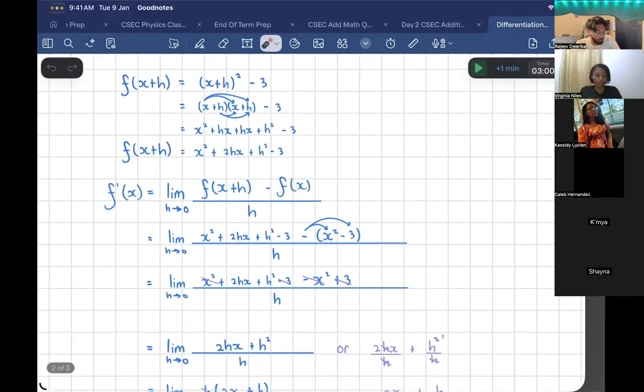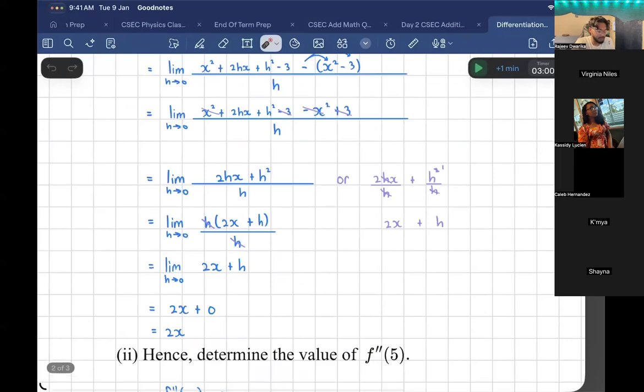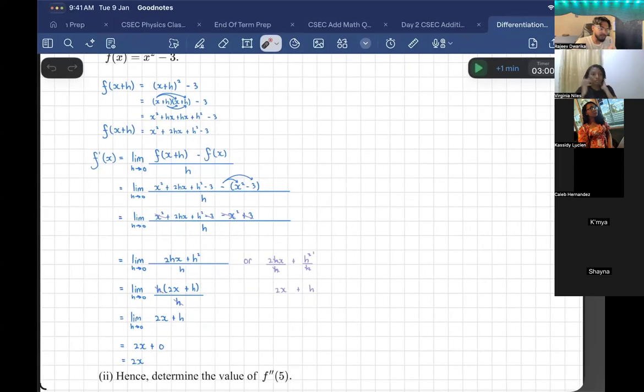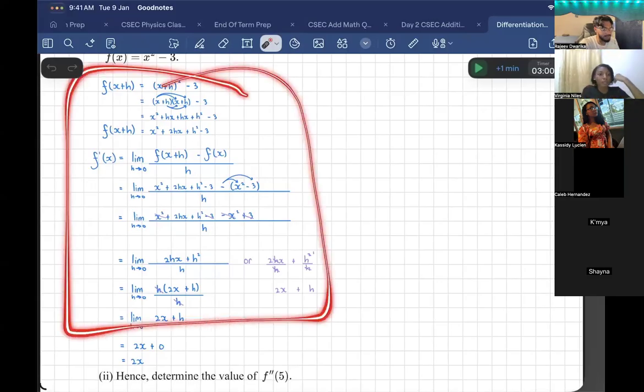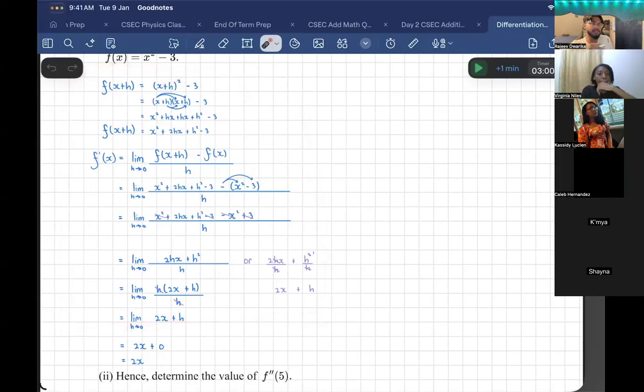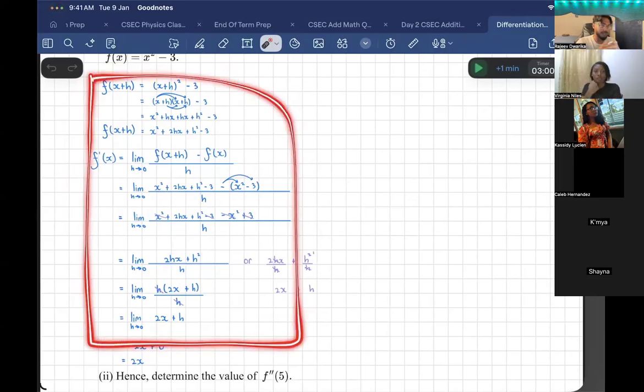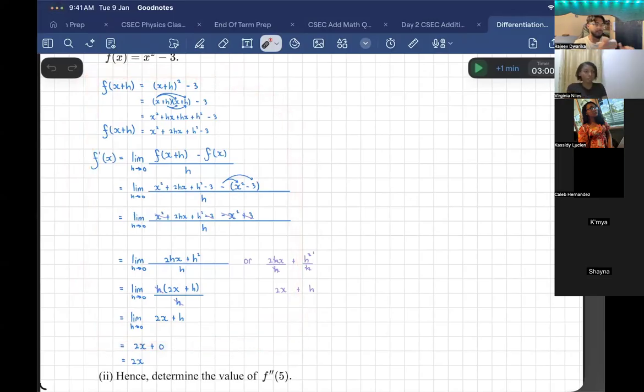After the long working, you realize that you just get 2x. So instead of doing all of this, you're going to utilize the trends you would have observed. But the reason why you're doing that is because of this process over here, first principles. But you're not going to do it every single time. You know what I mean?